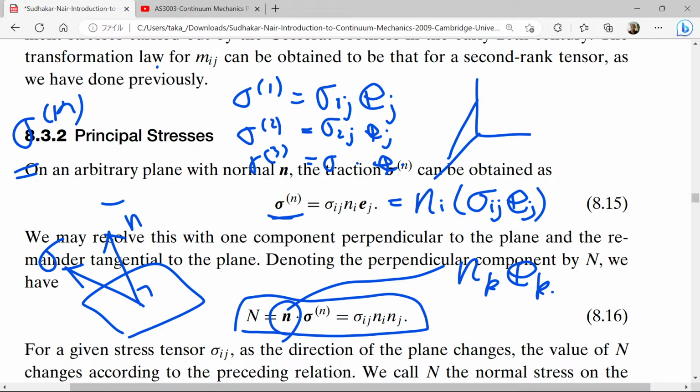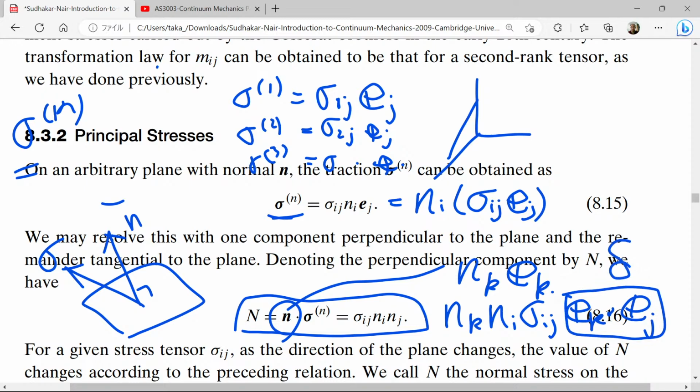So this inner product goes like ni nk sigma ij, ek dotted with ej. And this part goes like sigma kj. So then k you can change to j. So you have this sigma ij, ni, and nj.